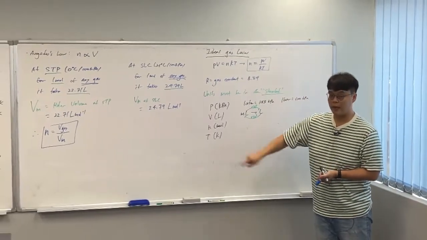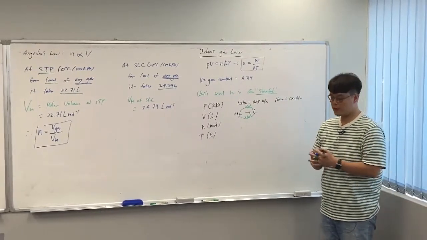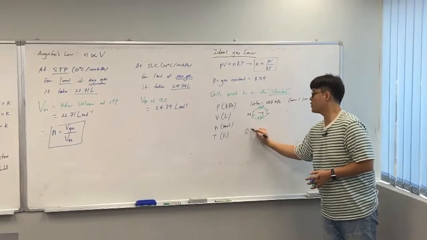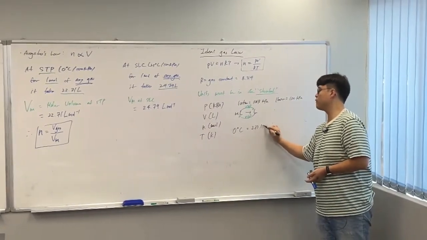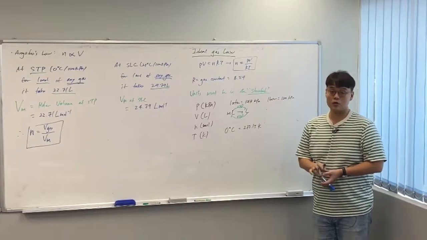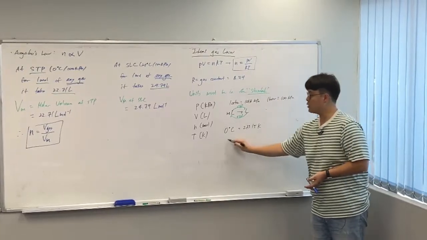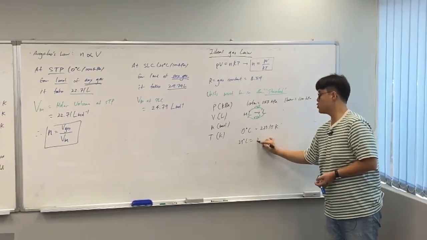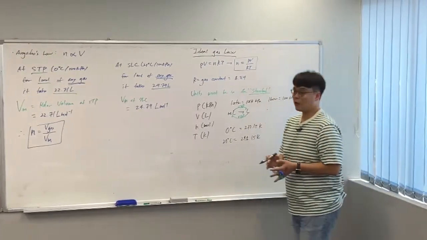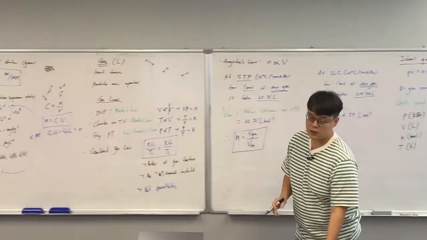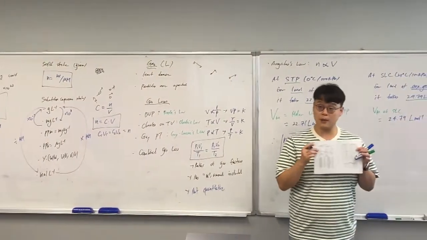Kelvin, all right. How to convert degrees Celsius to Kelvin? Remember that 0 degrees Celsius is equal to 273.15 Kelvin. So you need to memorize the value, and 25 degrees Celsius would be 298.15 Kelvin as well. If you're confused about those units of Kelvin, you will get the chemistry formula sheet.